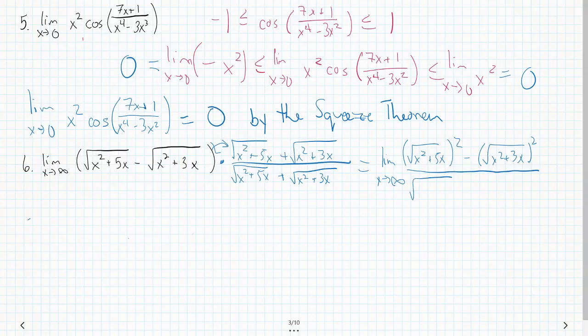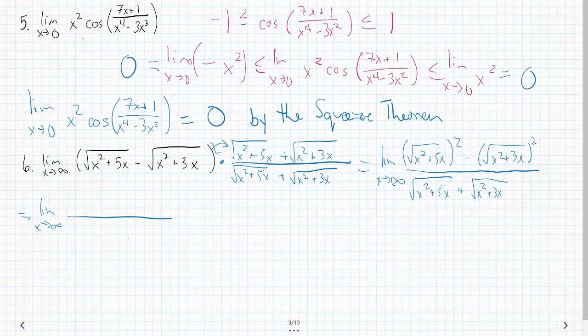So this becomes what? The square root of x squared plus 5x plus the square root of x squared plus 3x. Okay. The fun is about to begin. We get the limit as x approaches infinity. What do we have here?